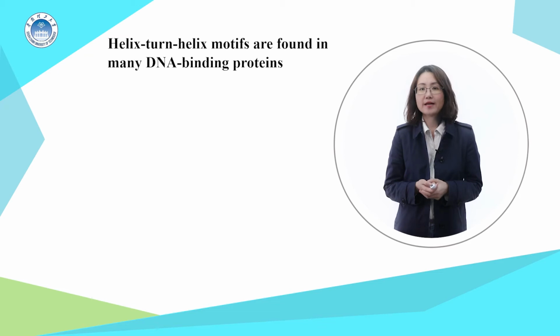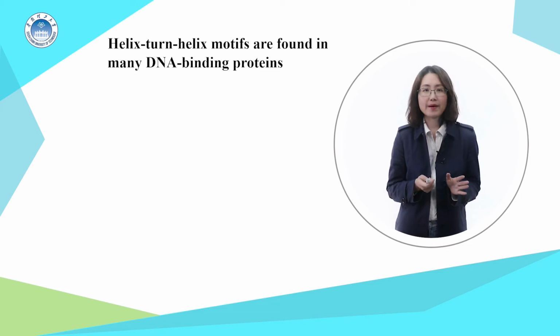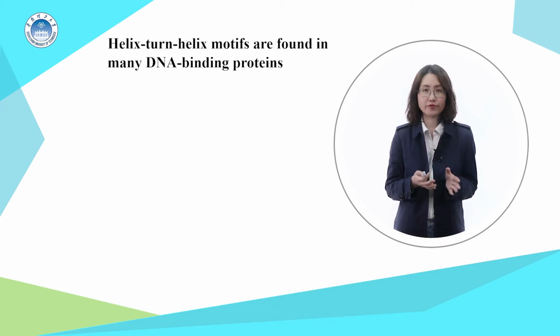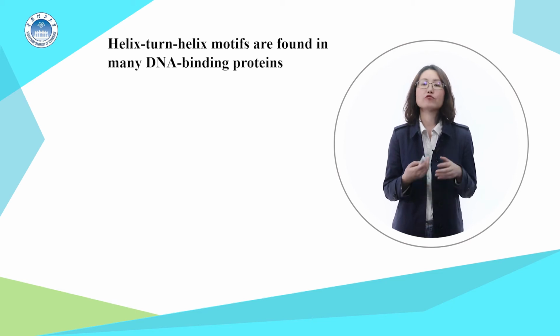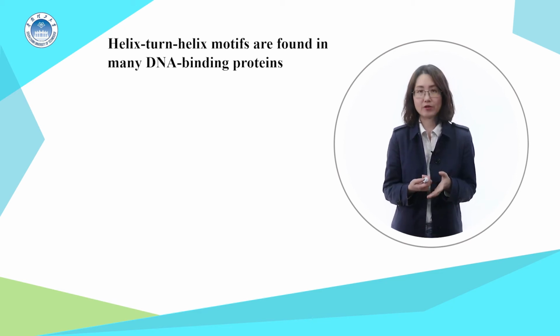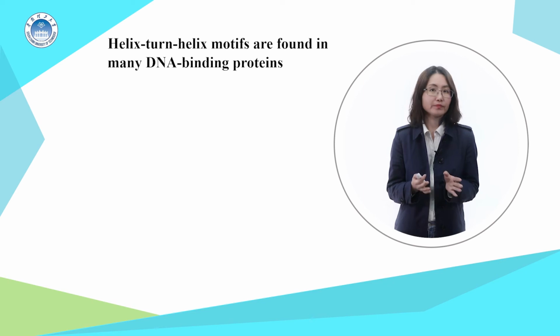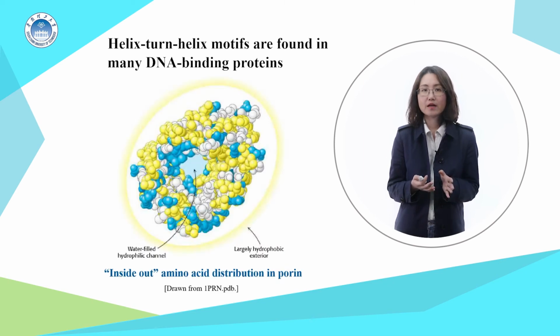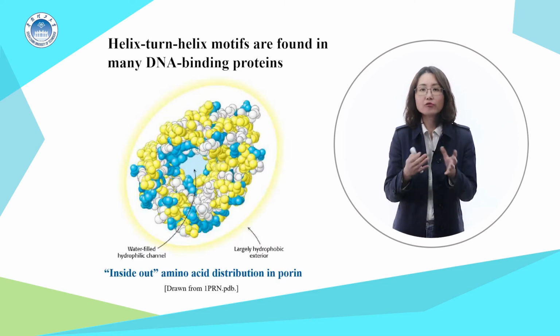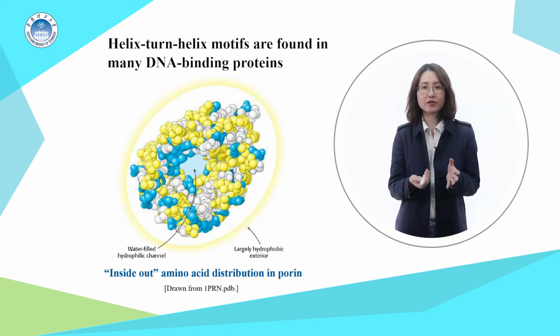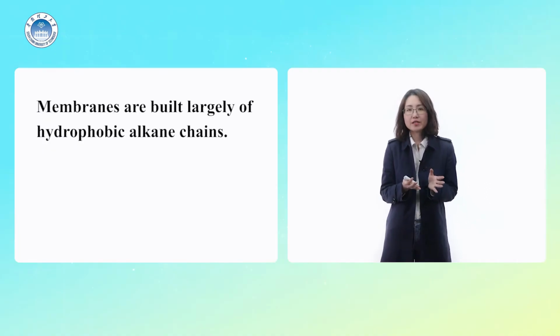Some proteins that span biological membranes have the reverse distribution of hydrophobic and hydrophilic amino acids. For example, consider porins, proteins found in the outer membranes of many bacteria. Membranes are built largely of hydrophobic alkyl chains.